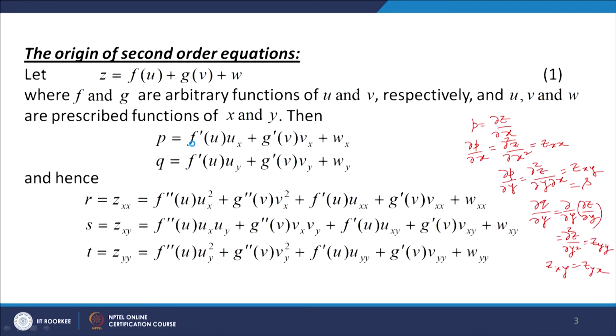We can write this equation as p minus wx minus f dash u into ux minus g dash v into vx equal to 0.